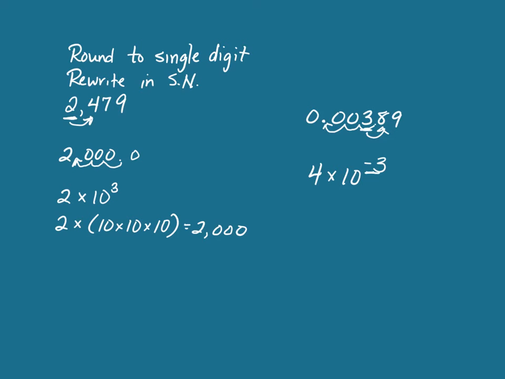What that would look like, and this is how I taught my students when I did this with them, that would be 4.0, and then if it's to the negative third power, you move the decimal point to the left. So negatives mean decimal to the left when you're figuring it out. So 1, 2, 3.